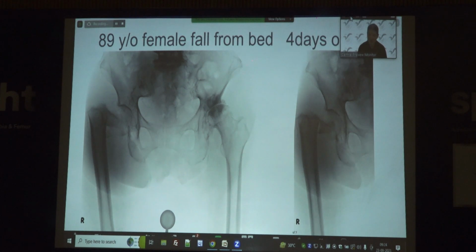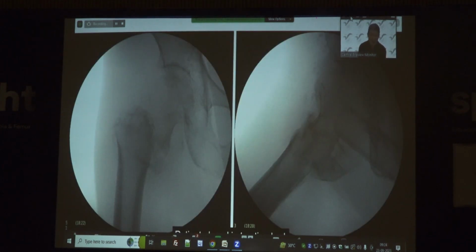But this patient was 4 days out, which I think is typical in India, and we cannot get the reduction just by pulling. So we placed the patient in a traction bed, and I knew I would have some kind of difficulty reducing this fracture.